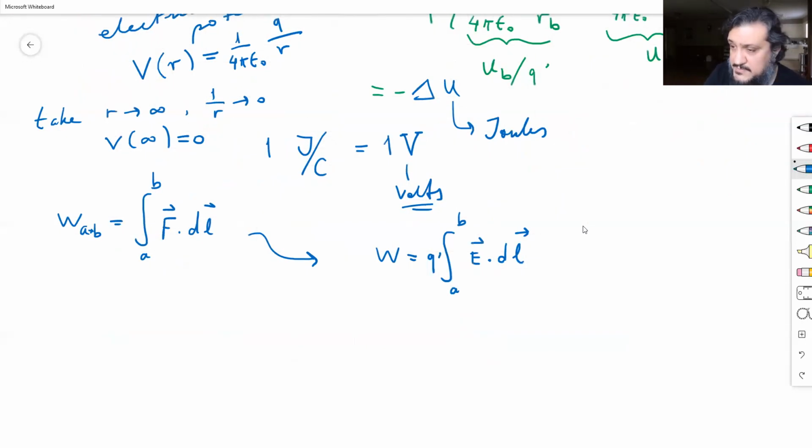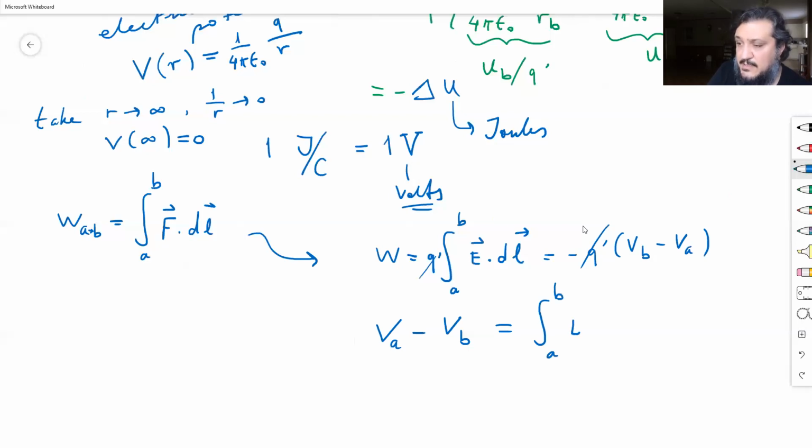And we just saw that this was equal to negative Q prime times (VB minus VA). Okay, so you can get rid of the Q primes and write this as negative (VB minus VA) equal to this integral, or distribute that negative to what's inside the parentheses and write it in alternate form as VA minus VB equal to the integral from A to B of E dot dl.